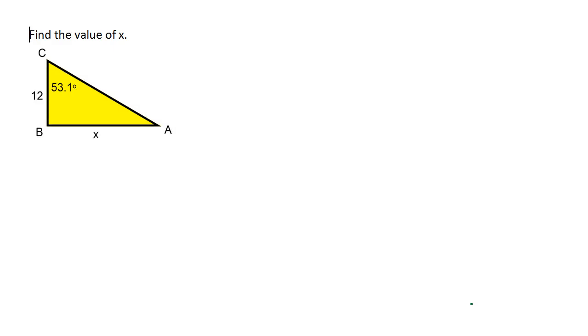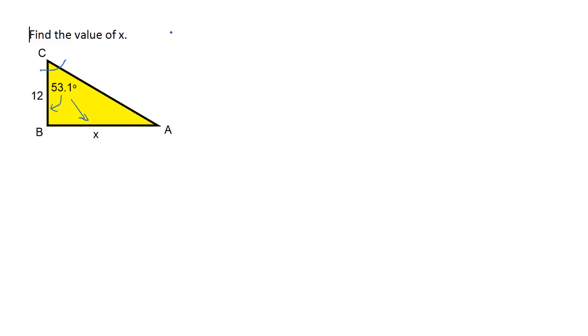Find the value of x for this triangle. Again, we need to figure out what information we're given and then choose the right trig ratio to solve for this side length. In this case, we're given angle C is 53.1 degrees. This side, which would be the adjacent side, has a length of 12, and we don't know the opposite side, which is labeled as an x. So what uses opposite and adjacent?